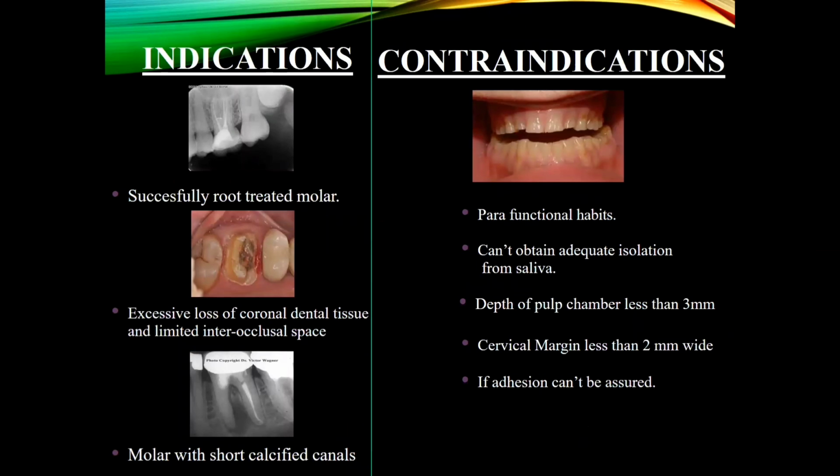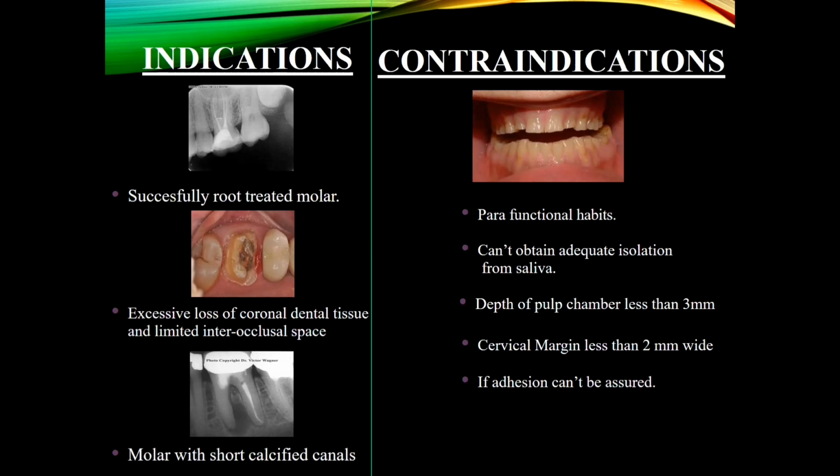Talking about its indications, it is indicated in successfully root canal treated molar teeth. Secondly, where there is excessive loss of coronal dental tissue and limited interocclusal space. And finally, it is indicated in molar teeth where we see short and calcified canals.